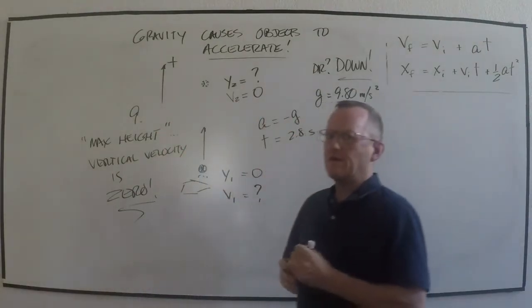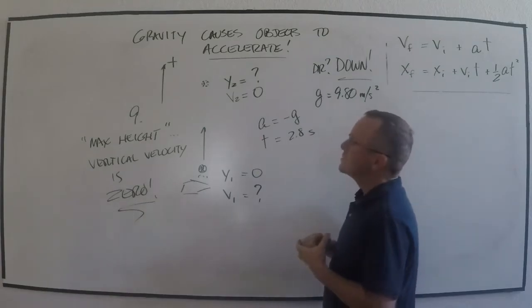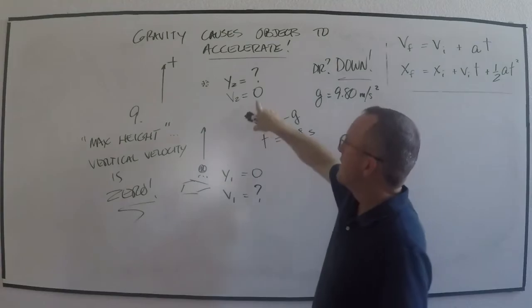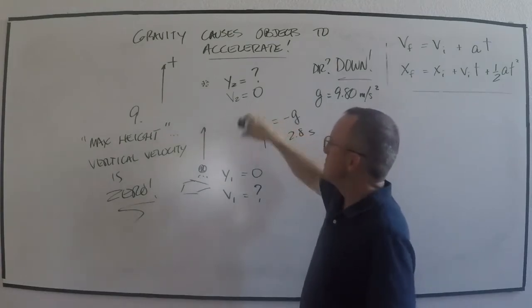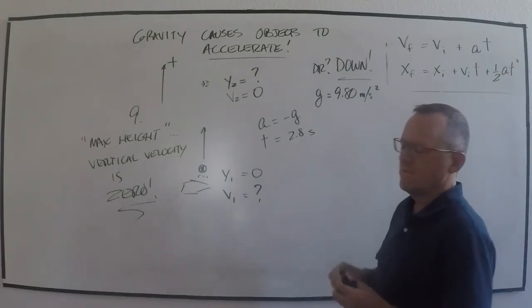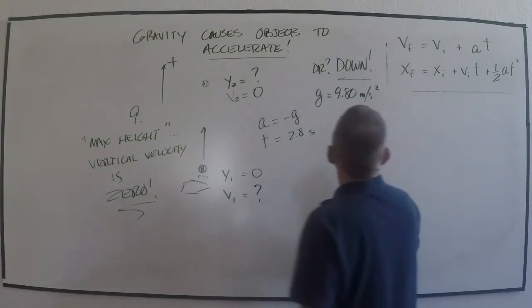That's a little sneaky, but it's a simple principle when you break down the logic. So by telling you that this is the point where it has reached its maximum height, they are telling you that v2 is 0. How many question marks do we see on the board? 2. How many equations are we going to write? 2.